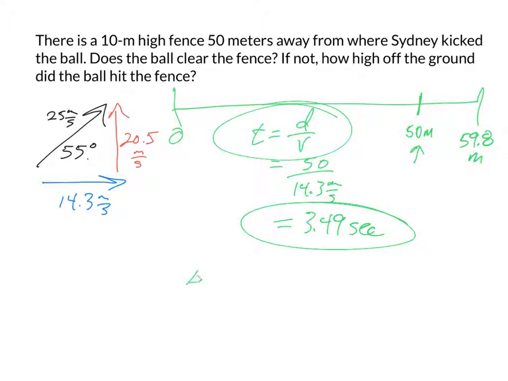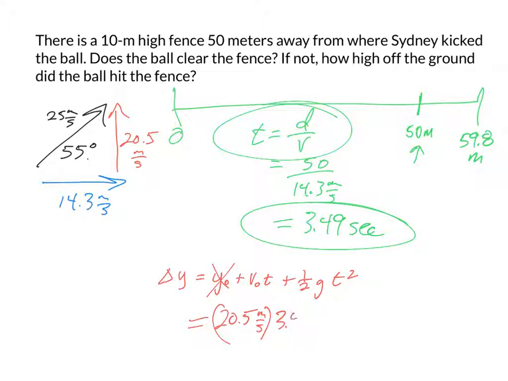Now, I need to know my change in Y equals Y initial plus V initial t plus 1/2 gt squared. We're going to say the ground is 0, so I don't need that. My initial, remember, we're in the vertical again, so use your vertical velocity.